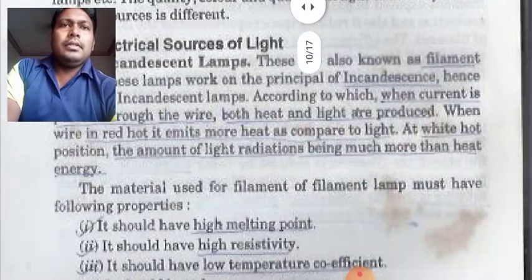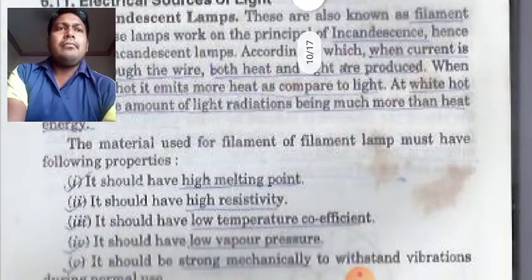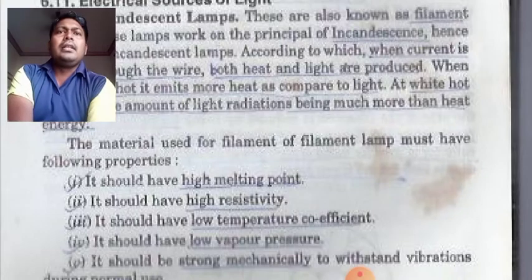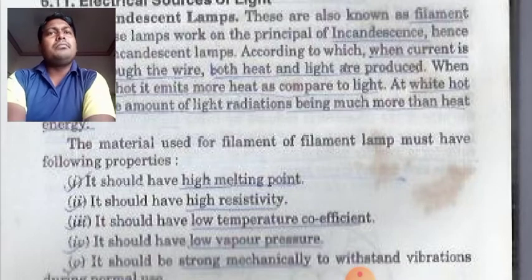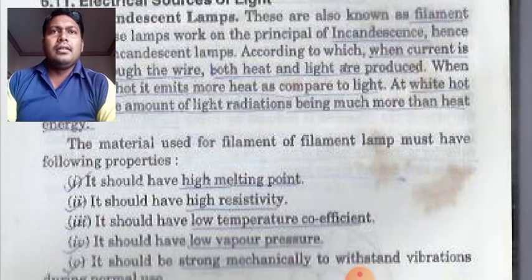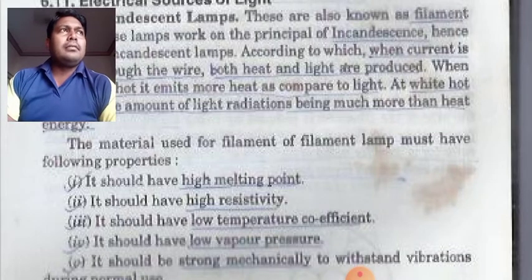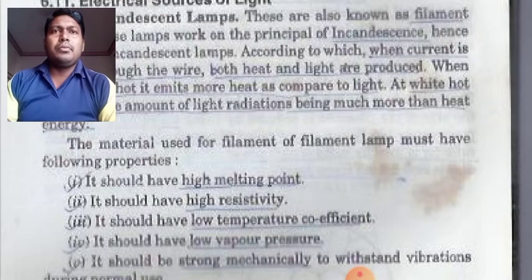Now, the material used for a filament lamp must have the following properties. Any material cannot be used as a filament, because already in your previous semesters, particularly in your electrical engineering materials, you might have learned about selecting a material for a particular kind of application.